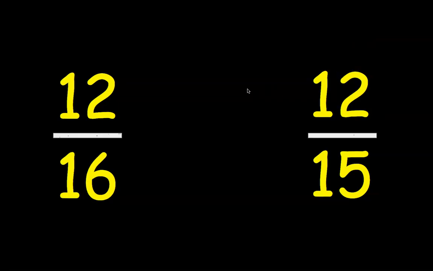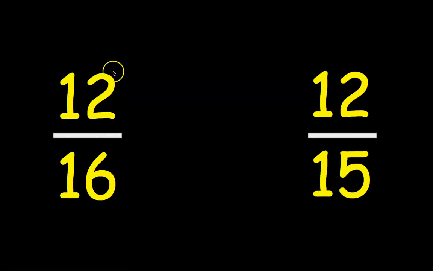12/16, 12/15. I hope you're starting to pick this up quickly, guys. Pause, and when you're ready, continue. Same old story. I take my number 1 or my pizza, cut it into 16 equal pieces and eat 12. On this side, I take my pizza or number 1, cut it into 15 equal pieces and I eat 12.